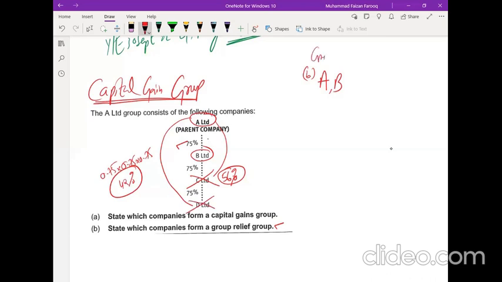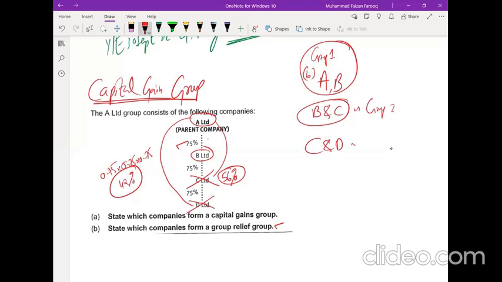This is group number 1, right? There can be other groups as well: B and C are group number 2, and C and D are group number 3. These are known as what groups? Group relief groups.